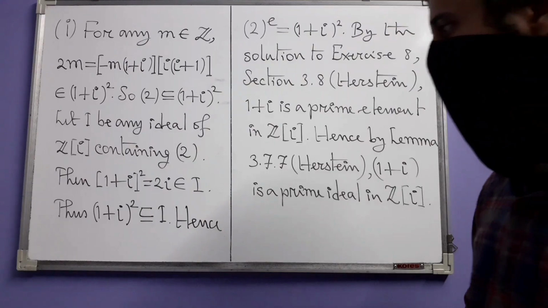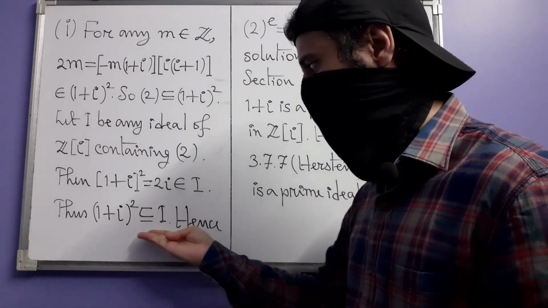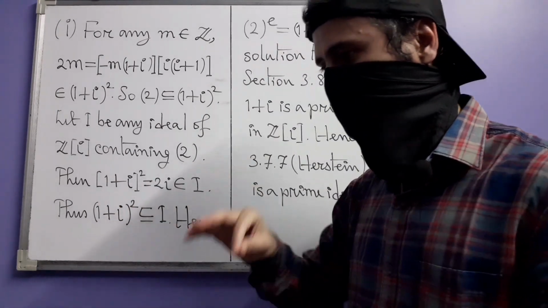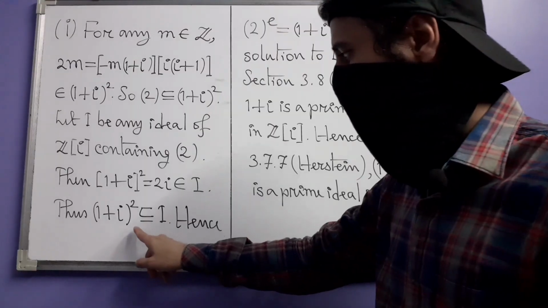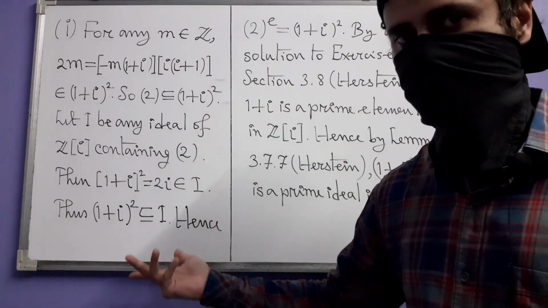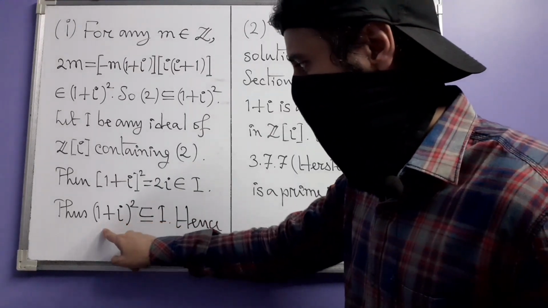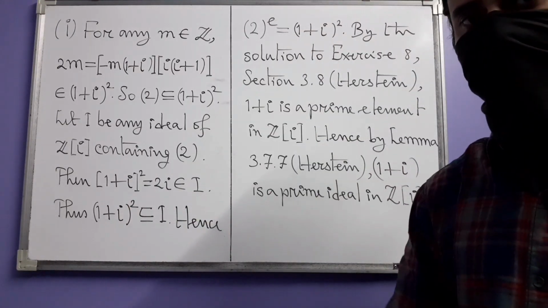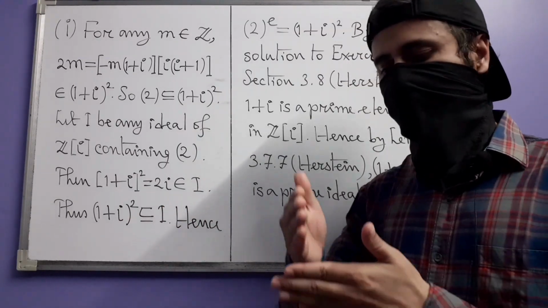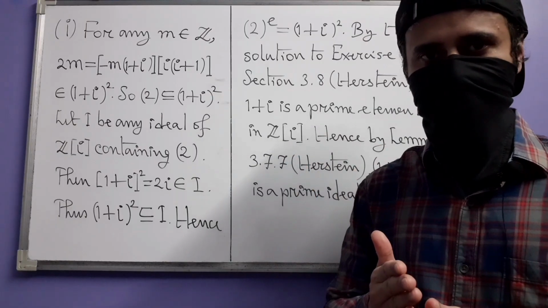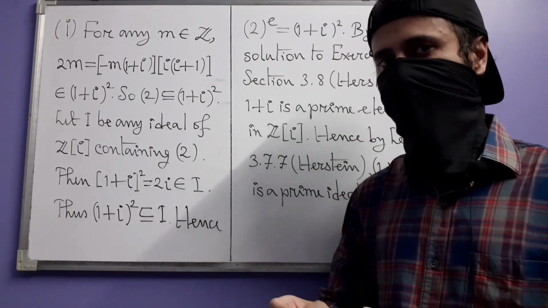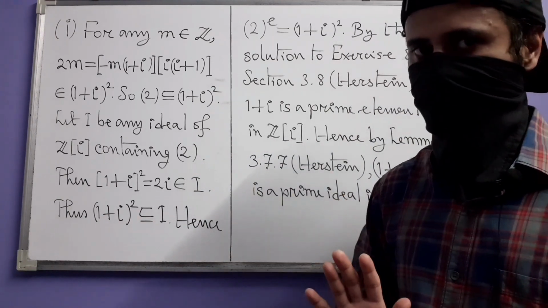But when that happens, then it's an easy matter to see how we have this containment, that the square of this ideal, the principal ideal (1 + i), is a subset of I. How exactly? You take a general element of this square. By the definition of product of ideals, that element will be a sum of products of two elements, one coming from the principal ideal (1 + i) and the other coming again from the principal ideal (1 + i).